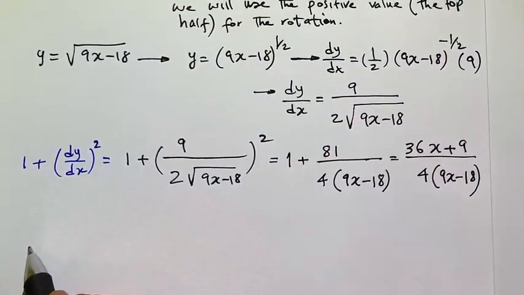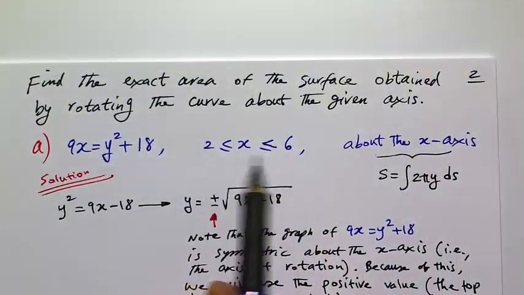Okay, so let's do that. We have s equals, of course, from 2 to 6 for the x variable.